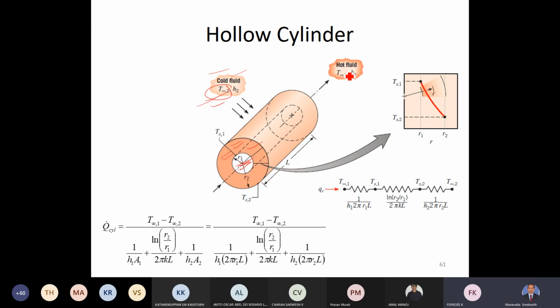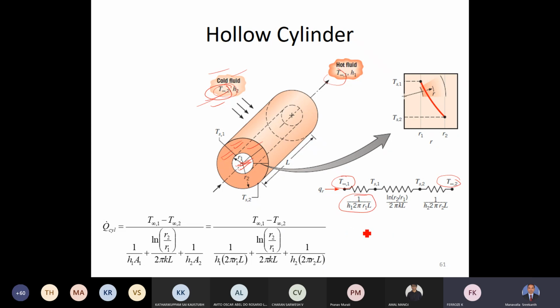So inside is T infinity 1, outside is T infinity 2. If T infinity 1 is greater than T infinity 2, let us assume that, then we will have heat flowing from T infinity 1 to T infinity 2. So we have to account for these three resistances. Firstly, we have to account for the internal convection resistance. So this is 1 by hA.